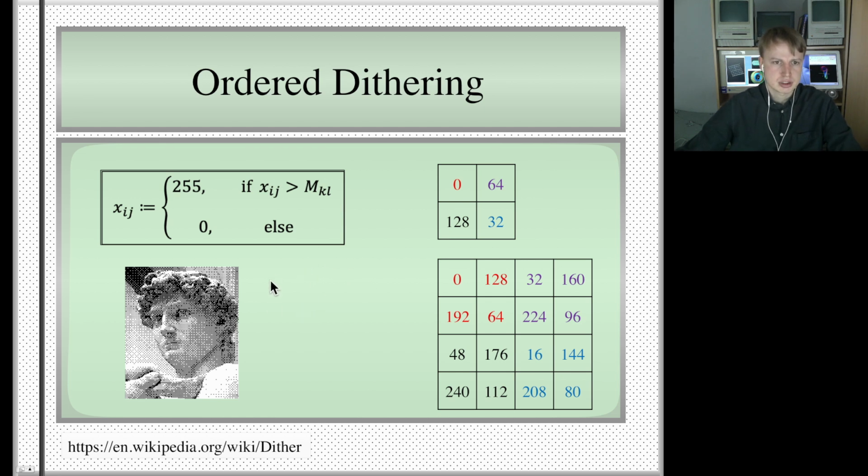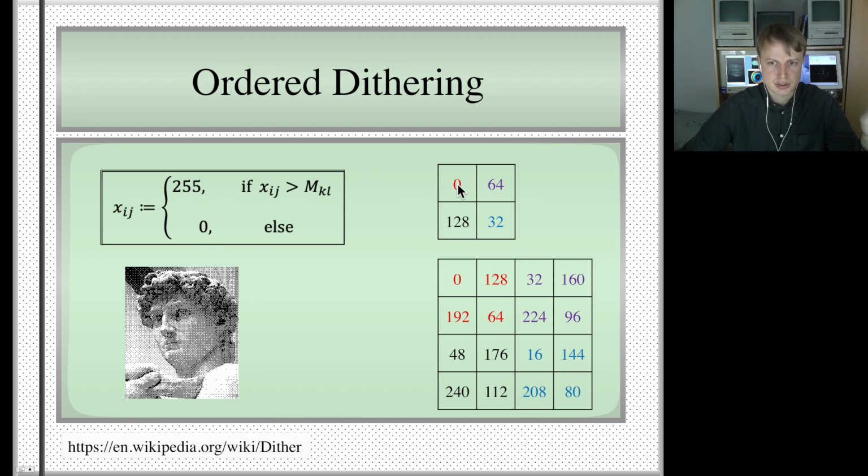We will do the thresholding not just if the value is greater than 128, but we will compare the pixels to different values in a matrix, called the Bayer matrix. For example, for the first pixel, we compare it to 0. If it's greater than 0, then we set it to 255, which is white, and if it's lower, then we set it to 0.